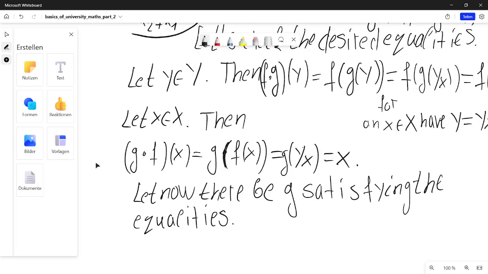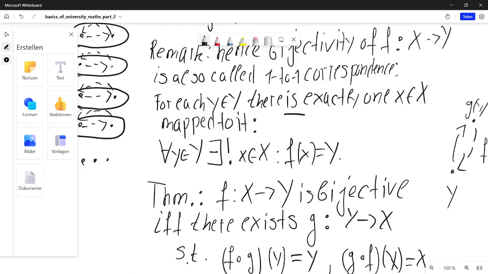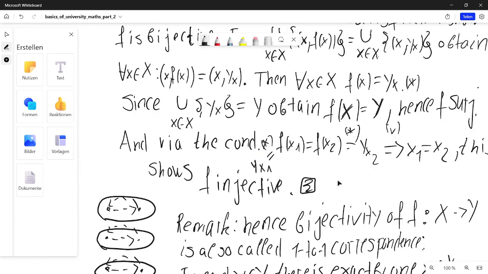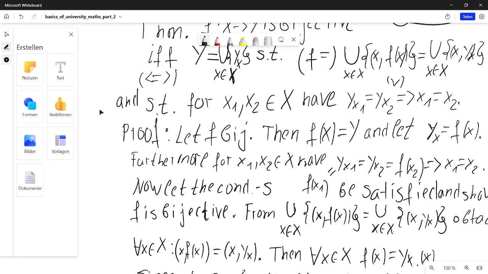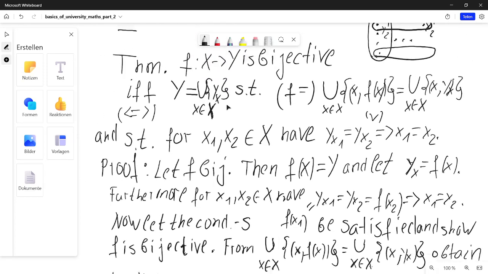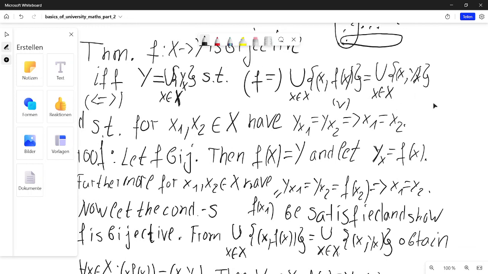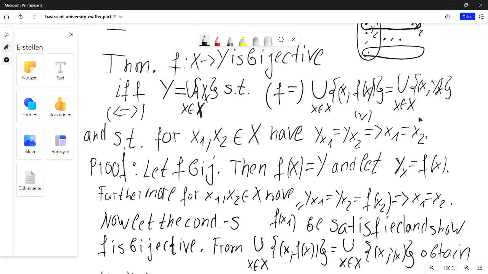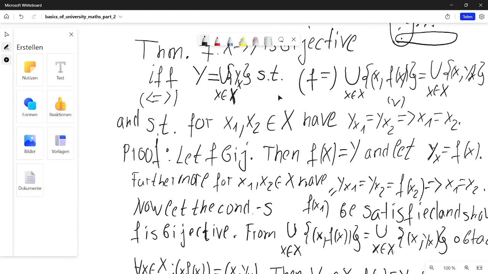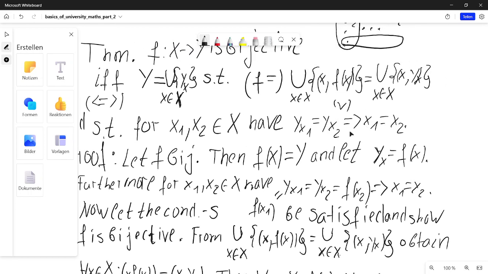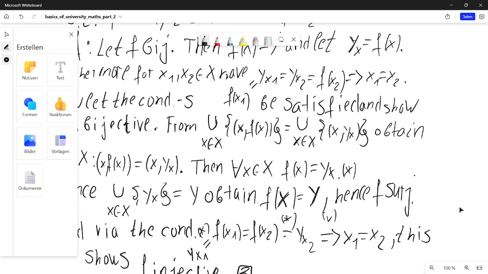Now, what would we like to prove? Of course, we'd like to prove that the condition of this theorem here is satisfied, that all those conditions are satisfied, right? Okay, so what do we have to prove? We have to prove the representation of y, we have to prove that equality, and we have to prove the injectivity of those elements assigned to it. Okay.